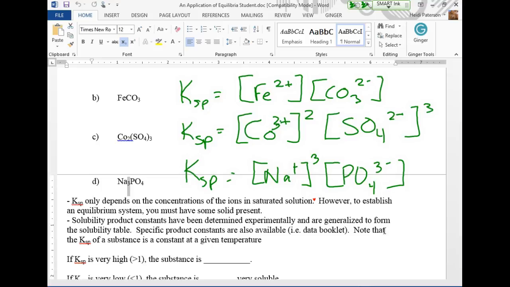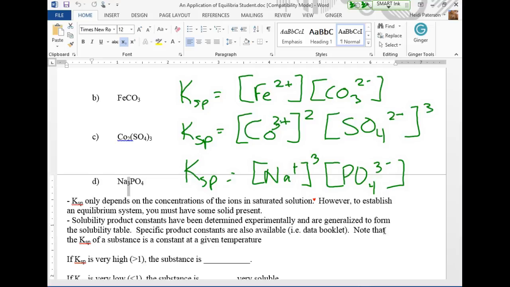What you have to be careful of is that whatever the concentration of sulfate is, that's the one that has the exponent 3. And whatever the concentration of cobalt ions is, that's going to be squared. If you start putting in the wrong numbers, you're going to start having challenges with this, because you're not going to find the exponents of the values.